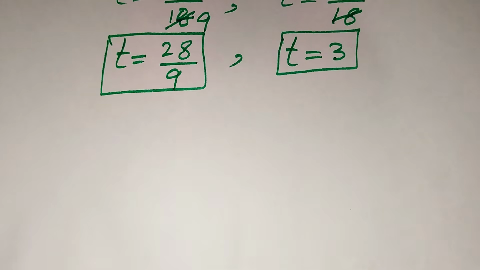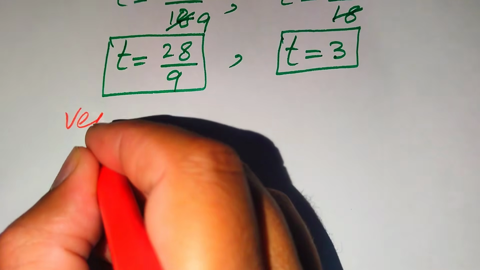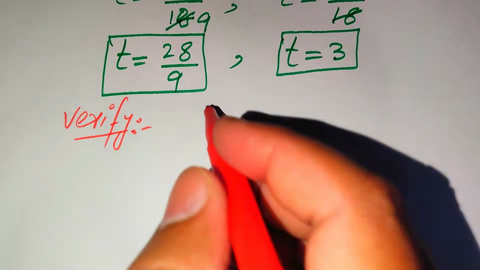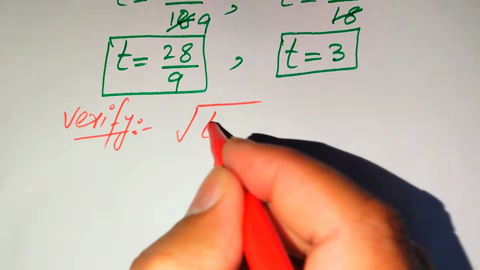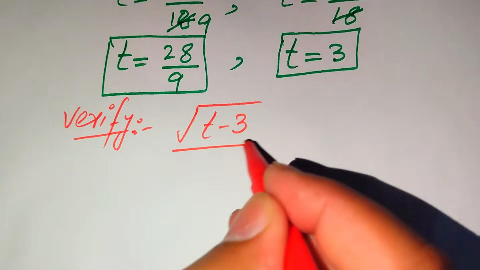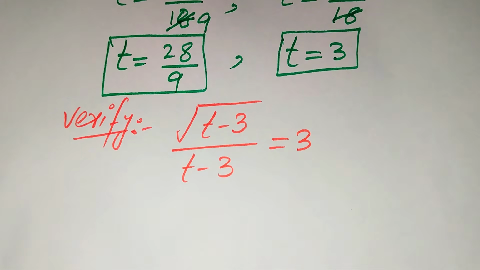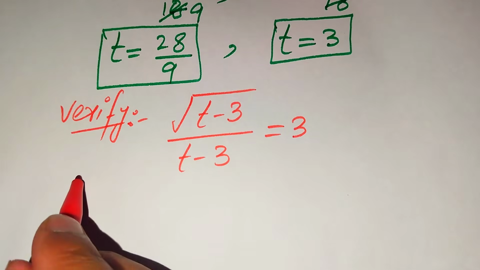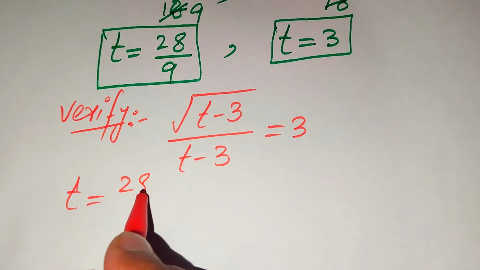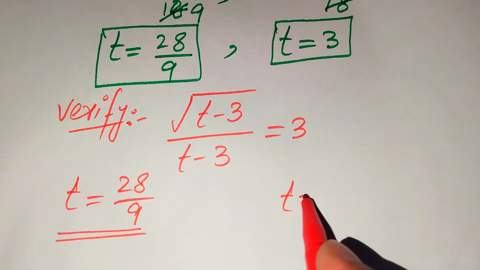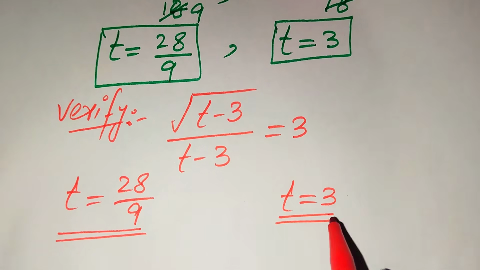But now in the next steps we need to verify whether these roots are solutions or extraneous roots. So for this we need to copy down the given question statement. Here it is the square root of t minus 3 divided by t minus 3 equals 3. So on this side we will substitute t equals 28 divided by 9, and on this side we will verify t equals 3.